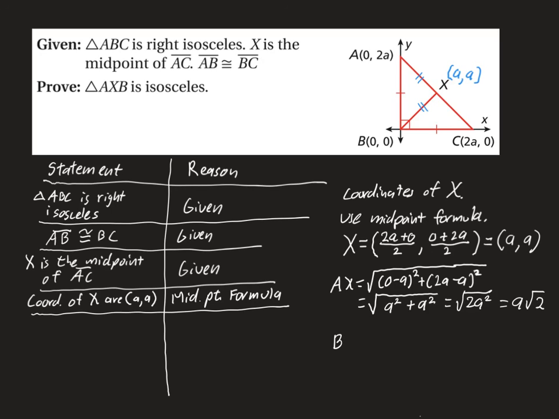So now what we want to do is use the distance formula to find the length of BX. So we're going to use a minus 0 squared plus this a here minus 0 squared. And when we simplify that, we'll see that it also equals a times the square root of 2.